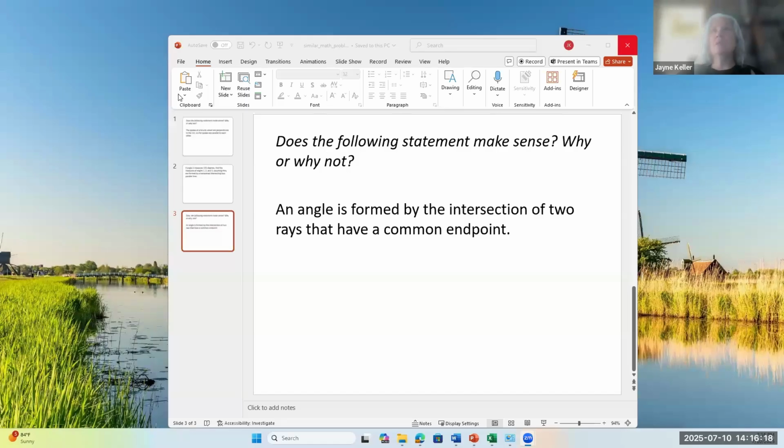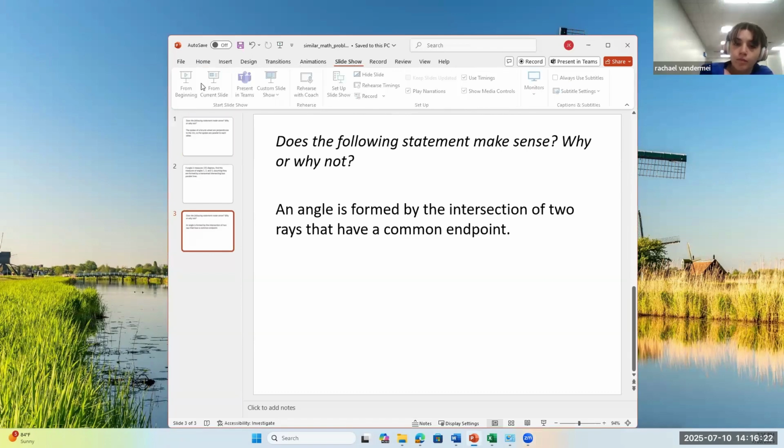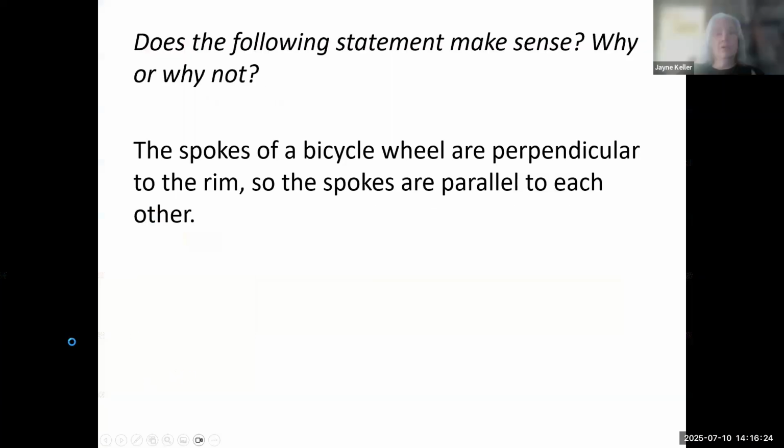Okay, let me share this. Okay, so you can see a couple problems here. All right. Annotate.